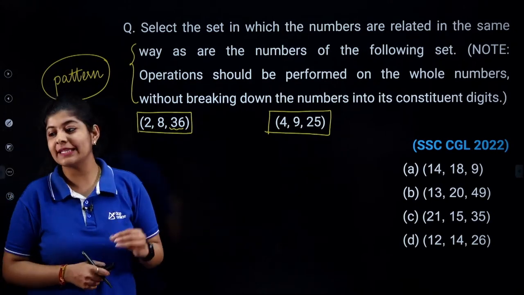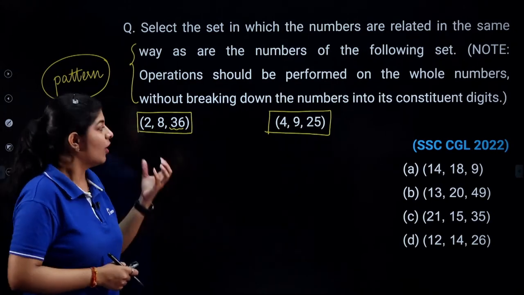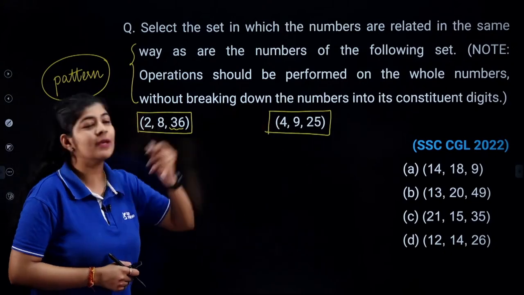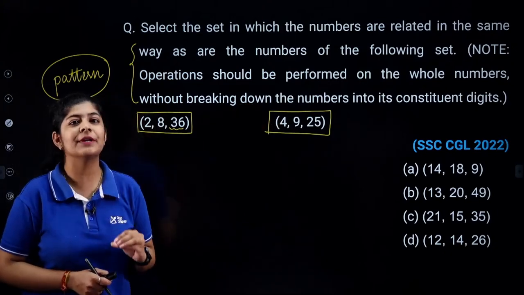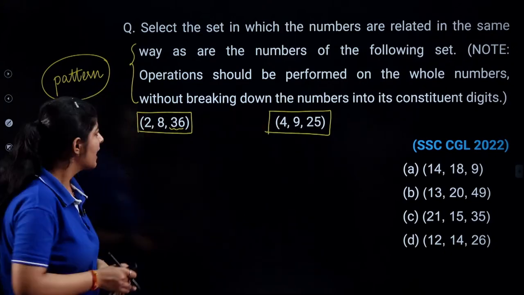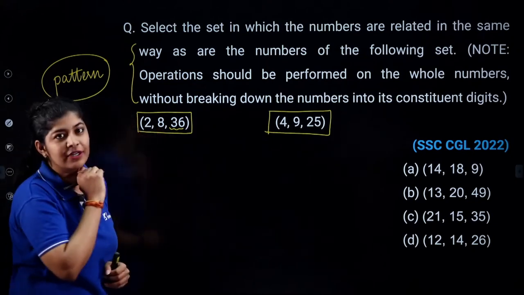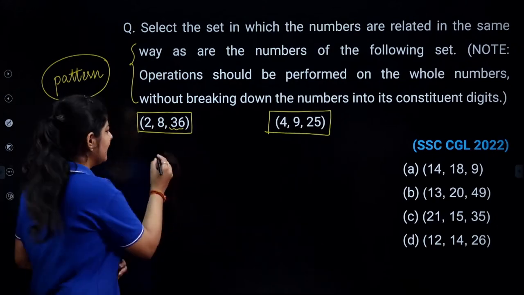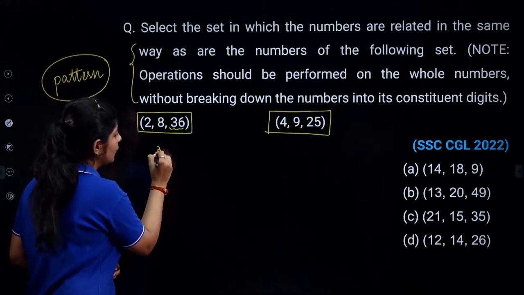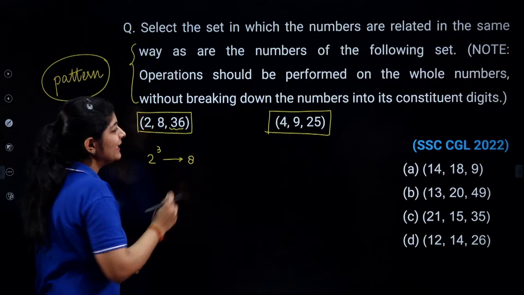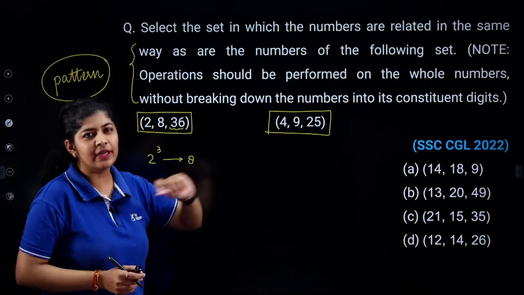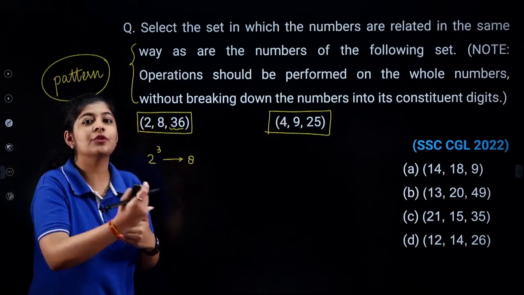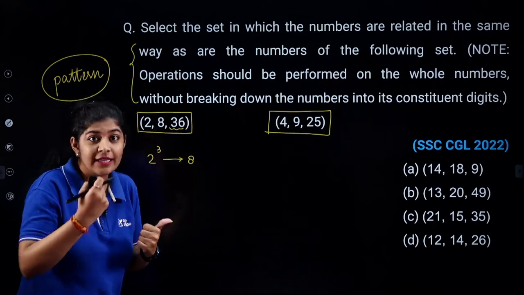If you see these given patterns carefully, you can easily determine the correct answer. As you know, here we are having 2, 8. Normally I'd think that the cube of 2 is 8. But are we getting the same relation over here? No. That means we need to change our thinking process.